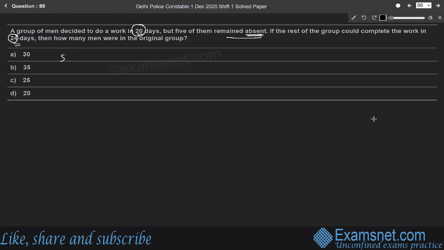So if we consider the solution part, let M1 be the original number of men, right? And they took 20 days to complete some amount of work, so the original days D1 is equal to 20 days.